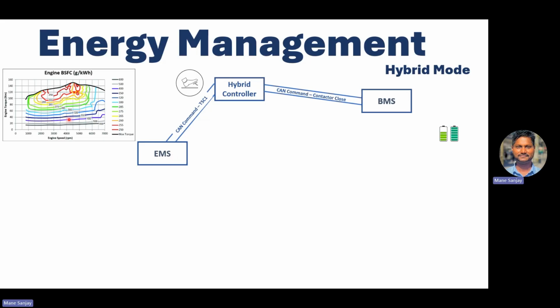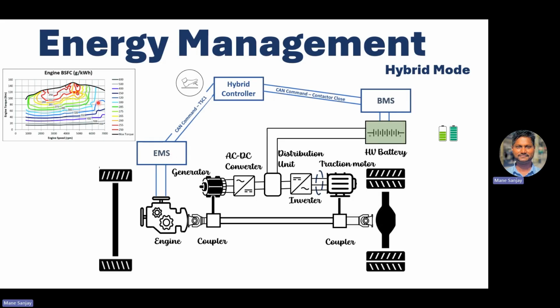Again, it looks at this BSFC map, and according to the best efficient zone, it sends the command where the engine needs to operate, how much torque we need to pull from the engine, what the throttle position is, what power is required by the vehicle, and at the same time how much power we can take from the battery and how much power we can take from the engine. If we understand we need X amount of power, and that X amount of power can be taken from Y and Z, then that Y amount of power is requested from the engine with the help of this PSC1 command.